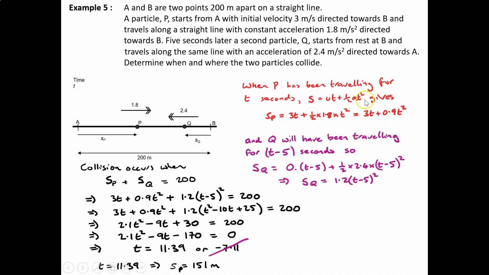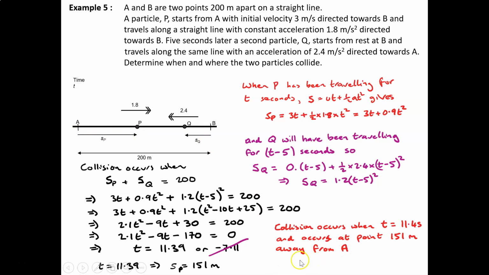And we get a value of 151, but we can then say it's from A. So collision occurs when t is 11.39 and occurs at the point 151 away from A. If you put it into this equation, the t, you'd get it away from B.